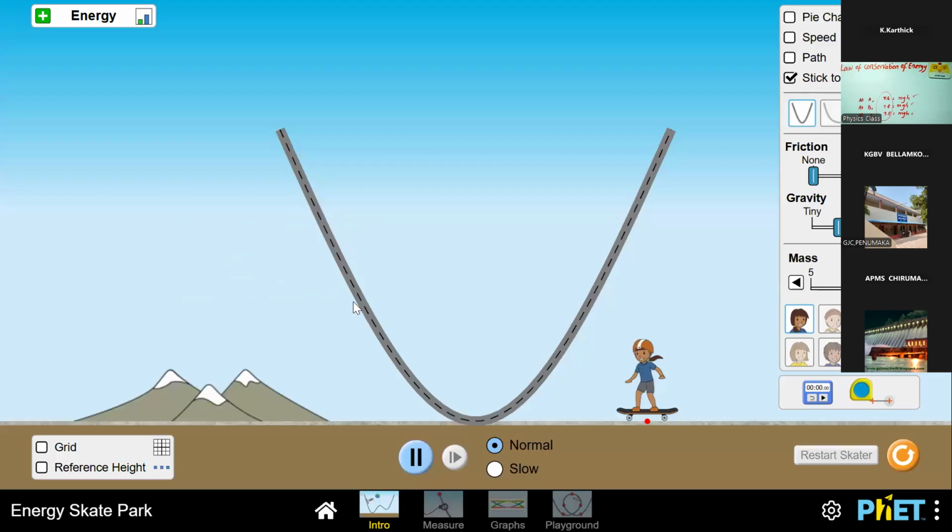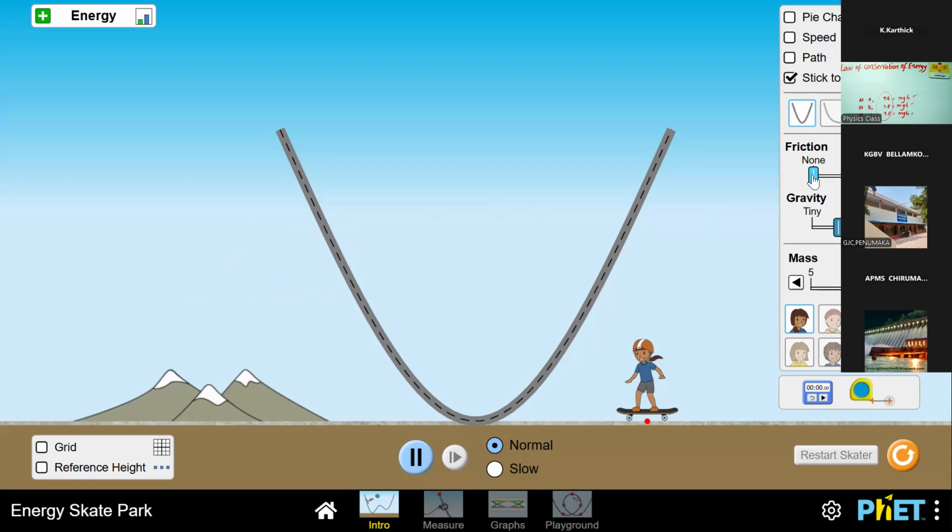You can see one person is standing there, the skater. There is no friction, so friction is none, zero. Therefore, energy is conserved.